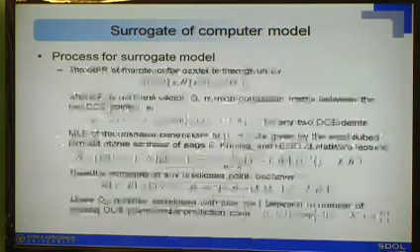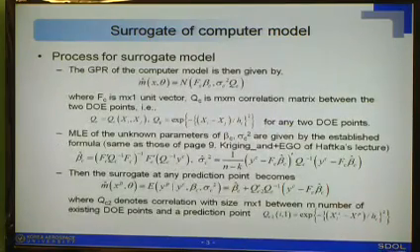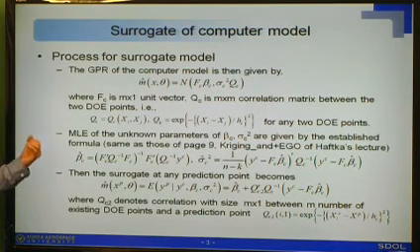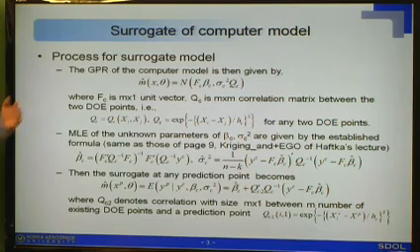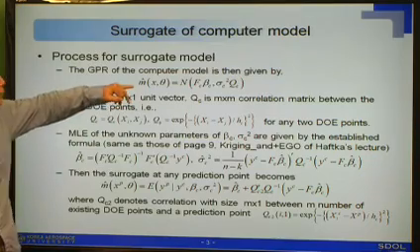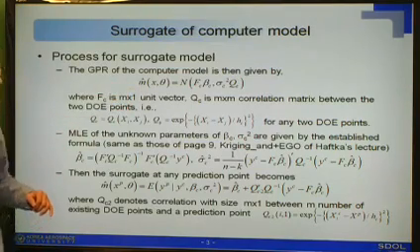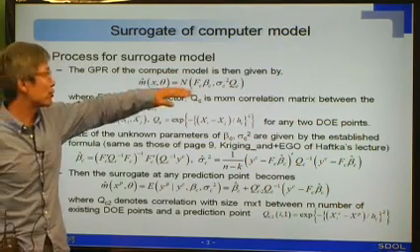Once we have these computer output data, we can make the Gaussian process out of this data. The formulation starts from this expression. The surrogate model follows the multivariate normal distribution.